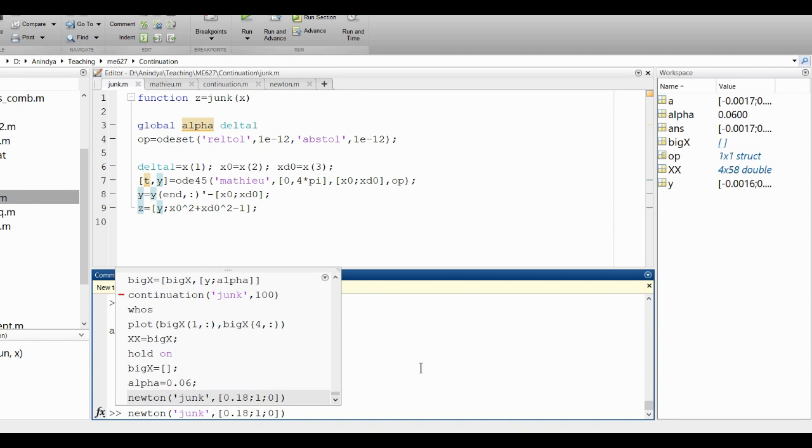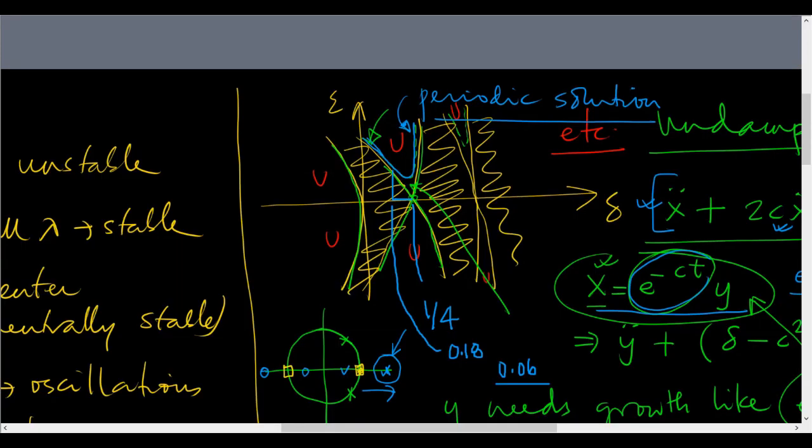Let us try to remember. We had delta was 1/4 plus minus epsilon by 2, right? So if epsilon is 0.06, then 0.22 is a good value of delta.